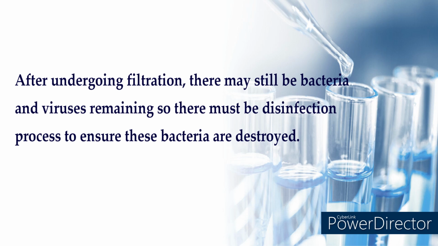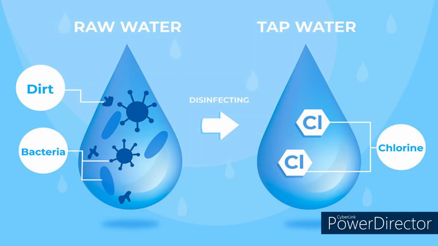The most common disinfection process is chlorination, using chlorine. Chlorine comes in many different forms, including chlorine gas, which is most common, chlorine dioxide, hypochlorite, which is bleach, and others. Whichever method is used, chlorine is added to the water in an amount to ensure all microorganisms are destroyed.